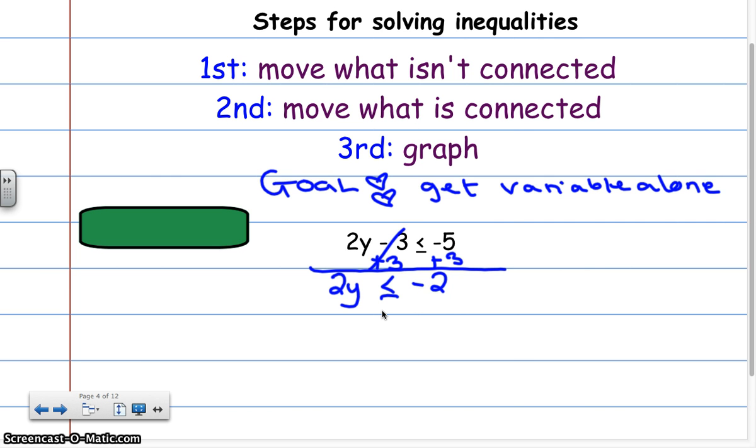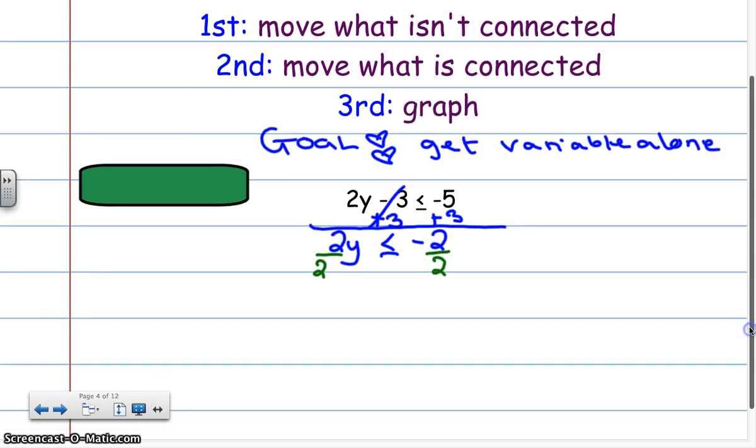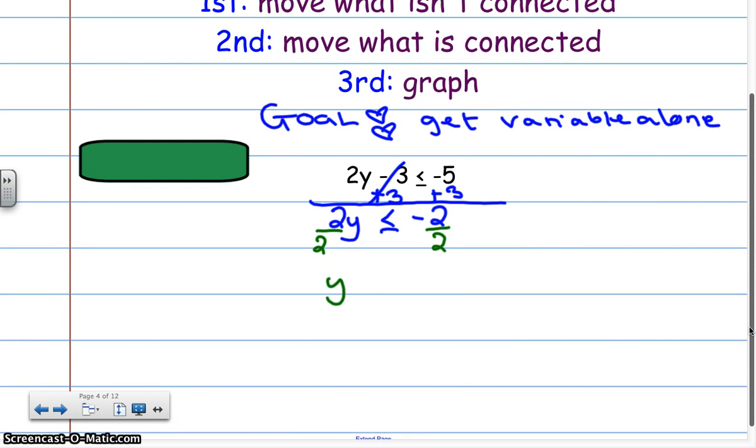Now that's saying 2 times y. How do I move times? I divide. So now I'm going to divide by 2. And I get y is less than or equal to -1.